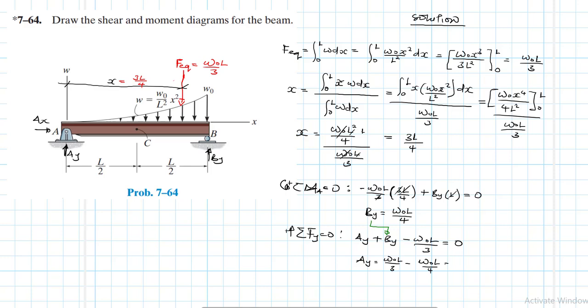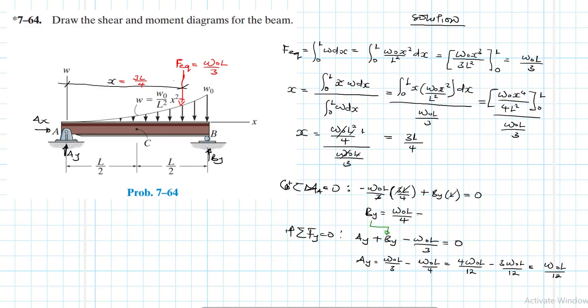Alright, this therefore becomes equal to 4W naught L divided by 4 minus 3W naught L divided by 4. So this is equal to W naught L divided by 4.